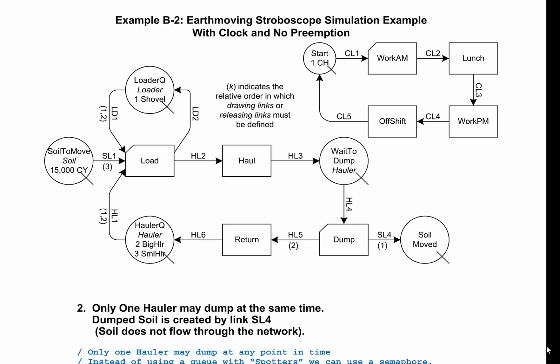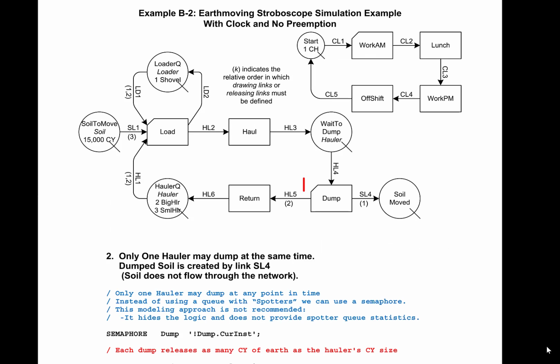Also notice that even though only one truck can dump at the same time, there is no queue for the spotters. To prevent activity dump from having two instances at the same time, we introduce a semaphore, which is shown here. Semaphore: dump not dump.carInst.